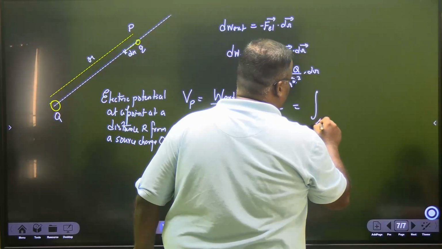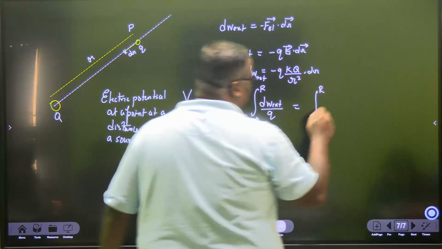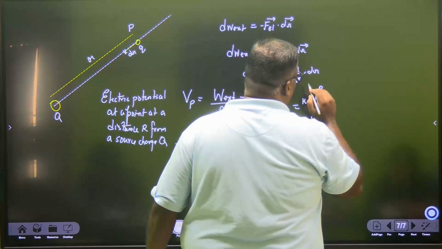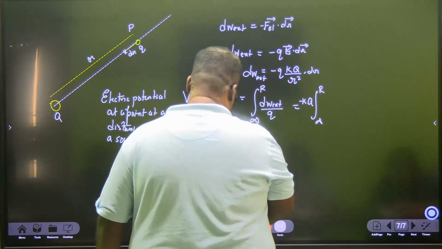This will be integrating it from infinity to r, and the q has come out. So I'm taking the k also outside, the q also outside, and the negative sign also outside, which was there.